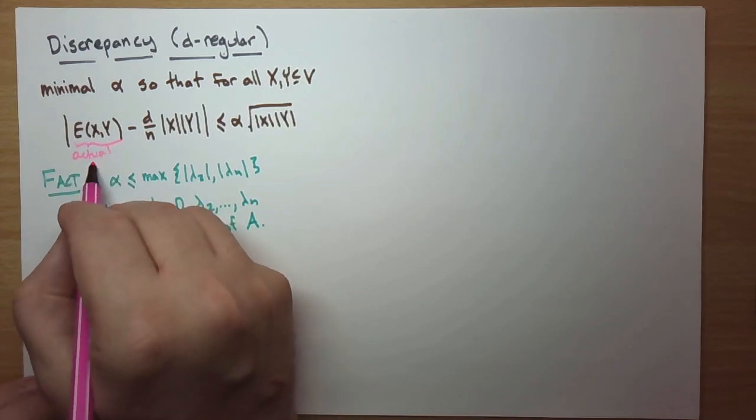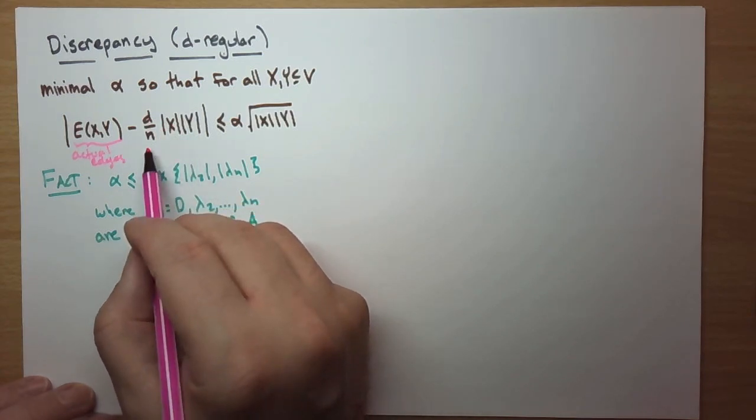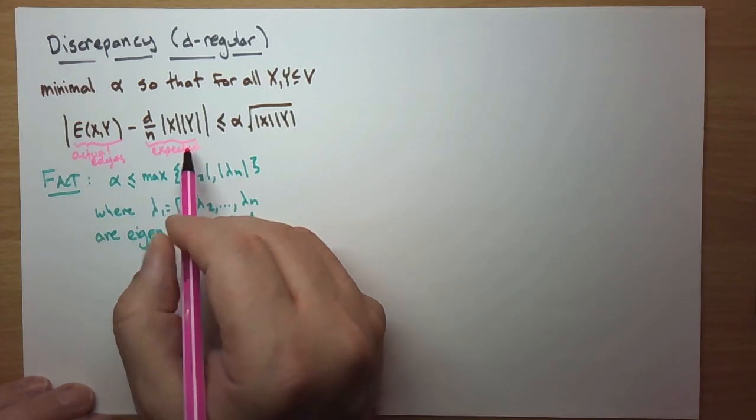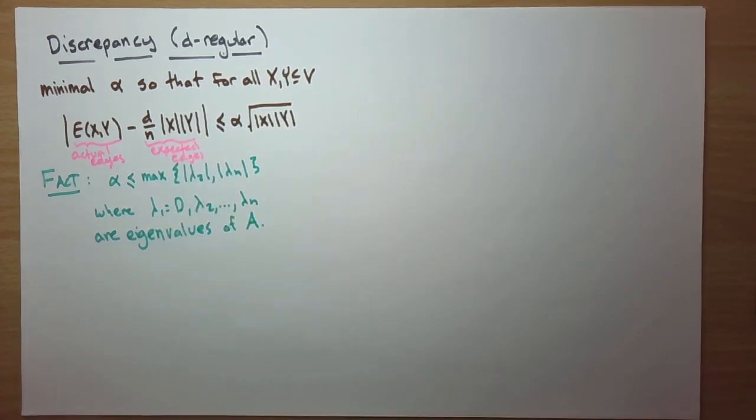And you subtract from that this expression d over n, size of x, size of y. This is the expected number of edges, based upon how large x and y are, if things were purely random, whatever purely random means.